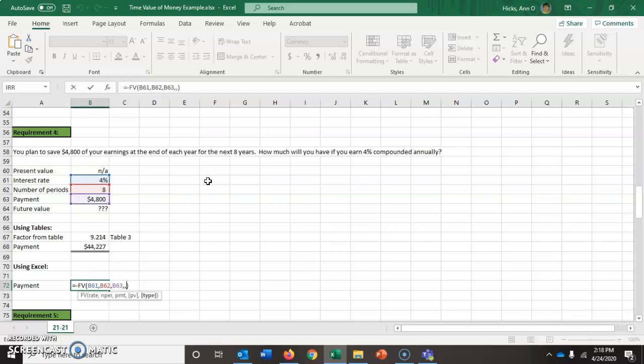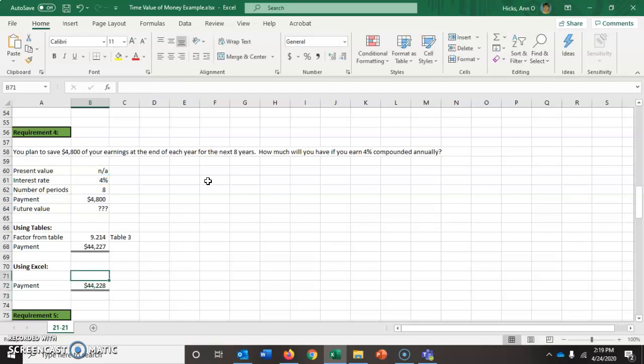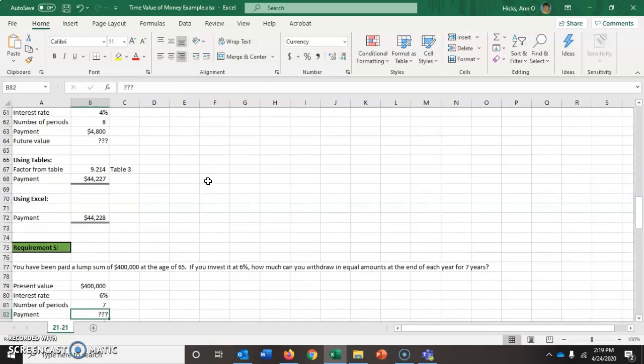Now, you notice that we're filling in the rate of 4%, the periods of 8, and then we're filling in the payment. Present value remains vacant or empty because there is no present value. And then if we hit enter, we again come up with a dollar amount very similar to what we did using the tables.